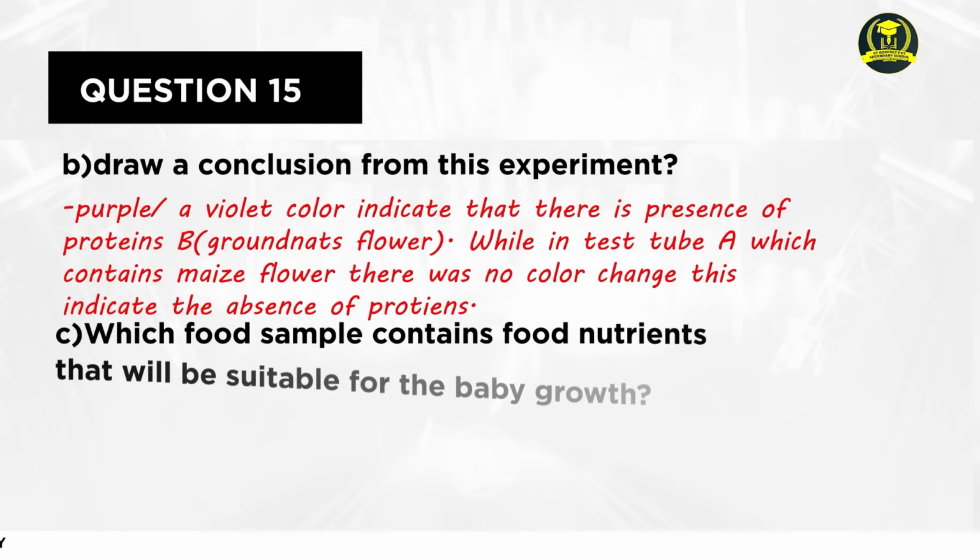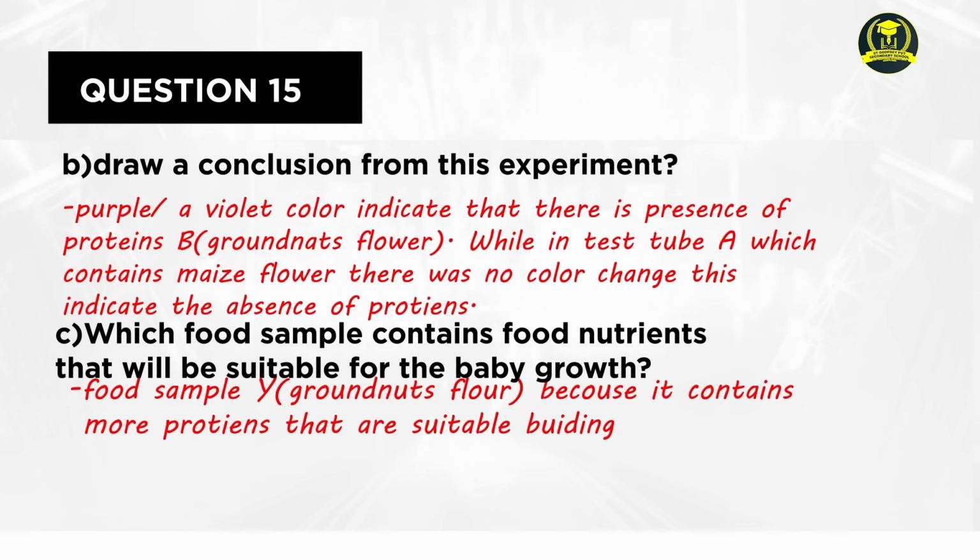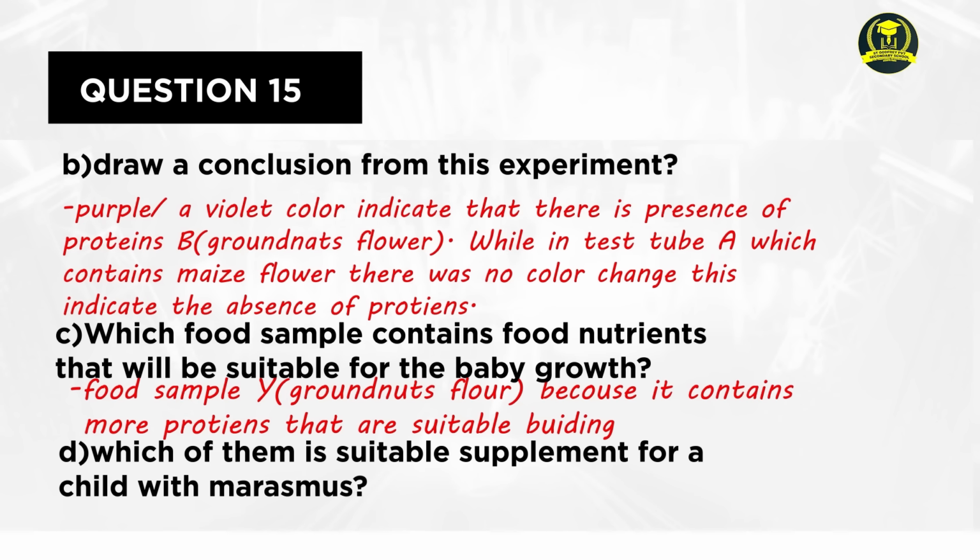Question C. Which food sample contains food nutrients that will be suitable for a baby's growth? Food sample Y, which is groundnut flour, because it contains more proteins that are suitable for body building. Which of them is suitable for supplement in a child with marasmus?